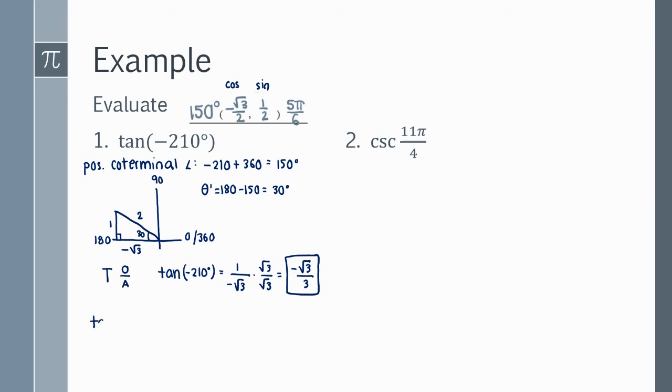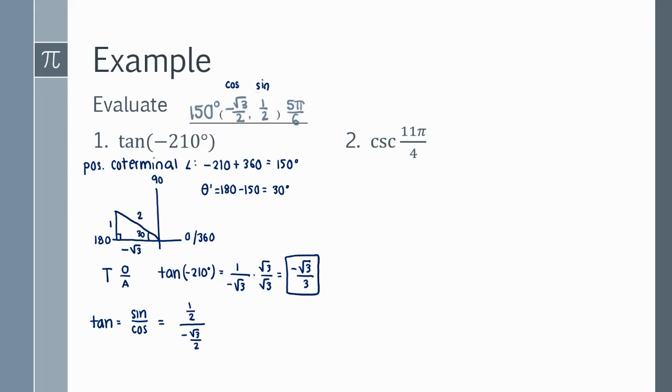Tangent is always going to be defined as sine divided by cosine. So even though tangent isn't in our unit circle, we can take those two terms and divide them. So notice that sine is 1/2, cosine is negative square root of 3 over 2.